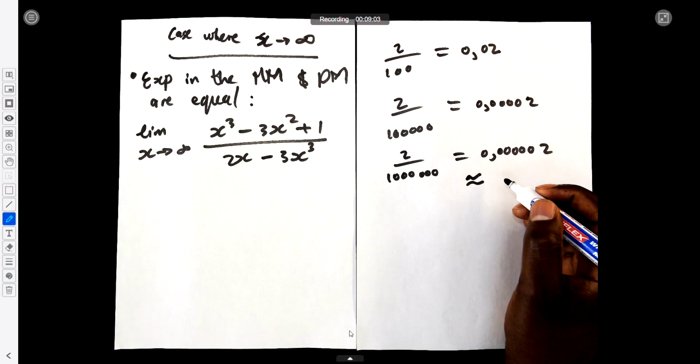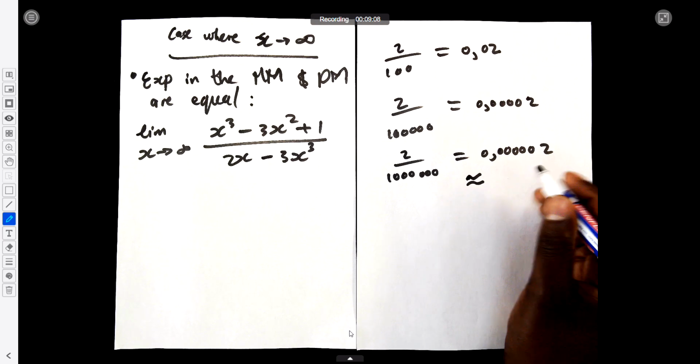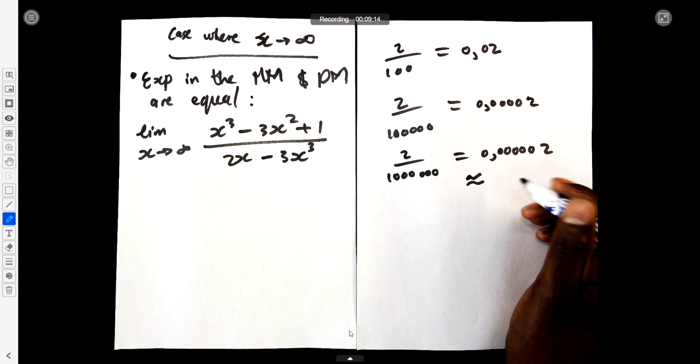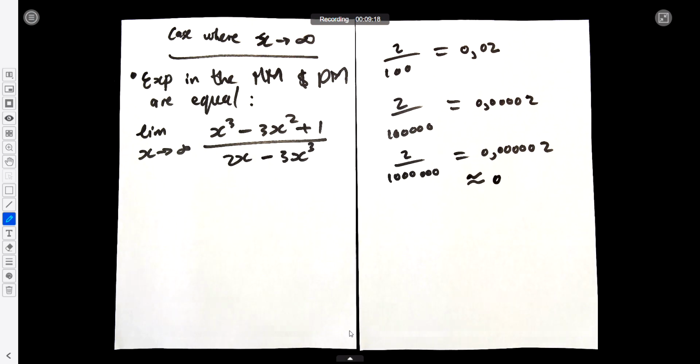What do we get? 0.000002 into 2 decimals is approximately 0.00, isn't it? So 0.00, which is approximately 0. So please note that when you divide a smaller number by a bigger number, it is approximately 0.